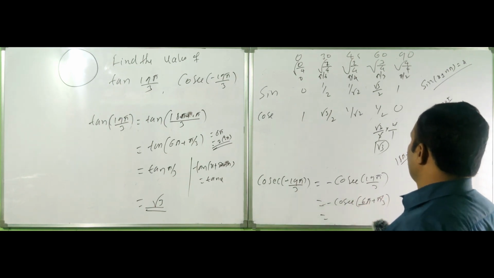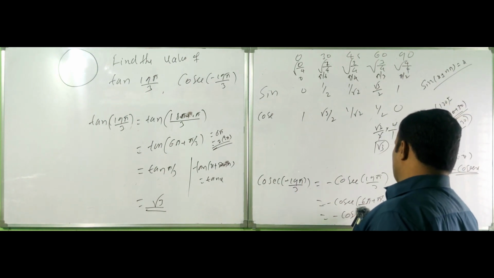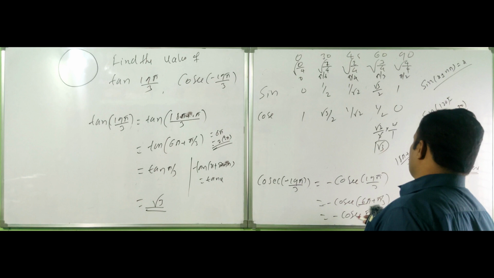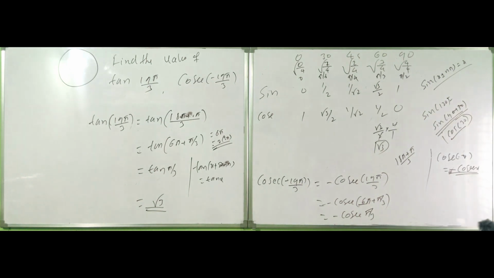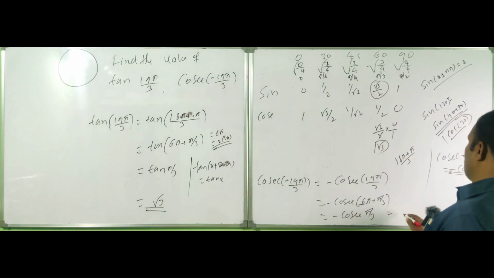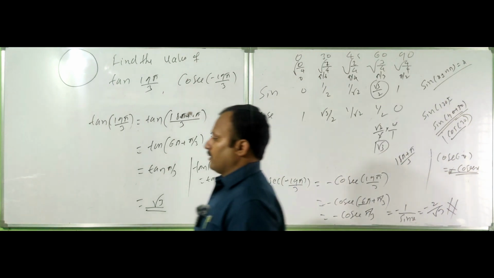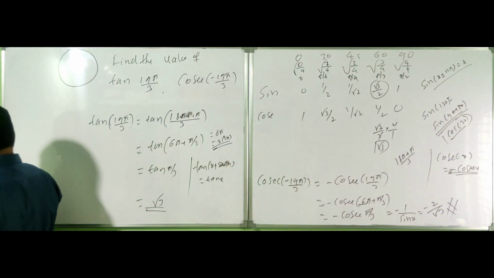This is the periodic function, so the 6 pi becomes 0. So minus cosecant pi by 3. What is the value at pi by 3? Sine is root 3 by 2, so cosecant is 2 by root 3. So cosecant of minus 19 pi by 3 is minus 2 by root 3.